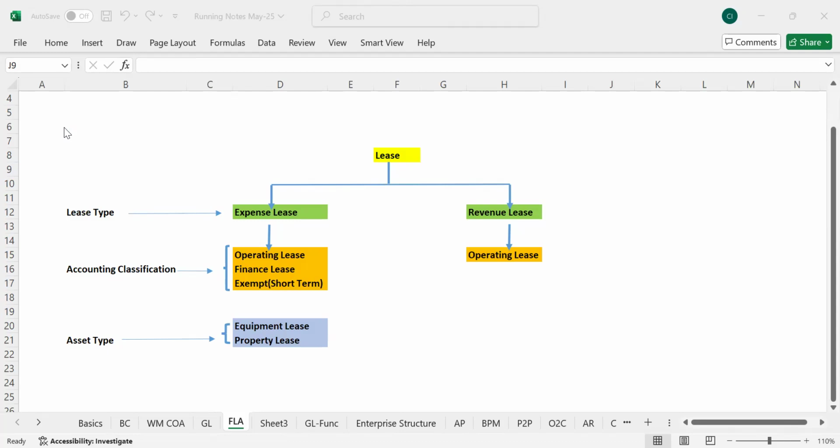Okay. And expense lease is further classified into three: operating lease, finance lease, and exempt lease. Exempt lease is nothing but short-term lease. Operating lease: this type of lease is treated as a rental agreement for a specified period with the asset remaining on the lessor's books.